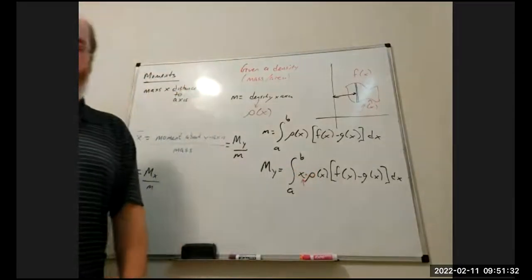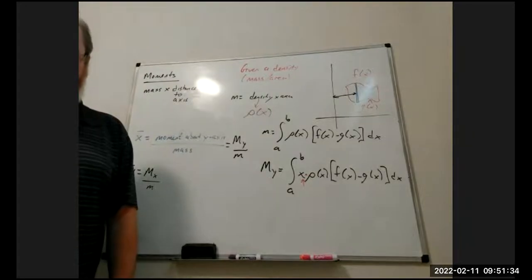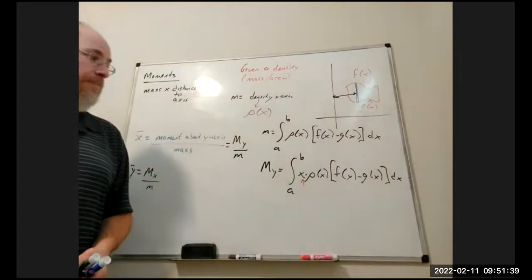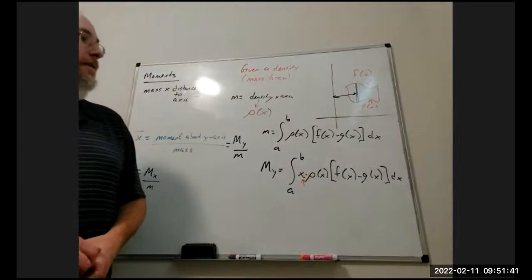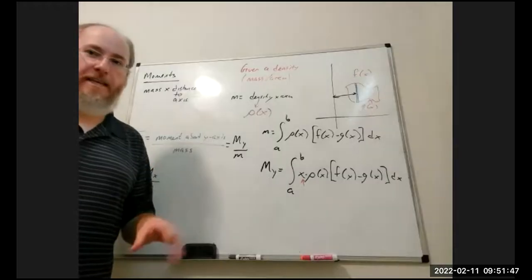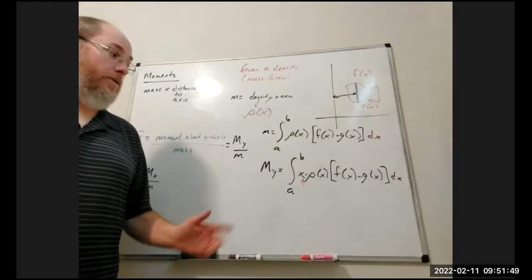And we've got the x times, because that's how we get moments. Moments are mass times distance away. All right, cool. Not too bad. When we do an example, you'll see how to set this all up, and it's not that terrible. But that's how we're going to do it.